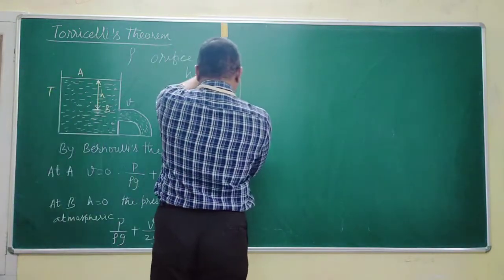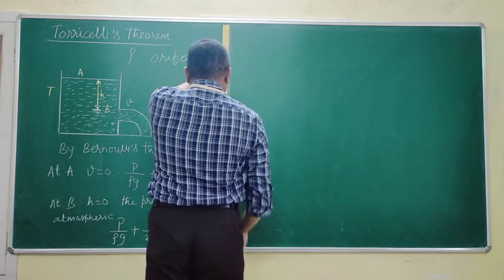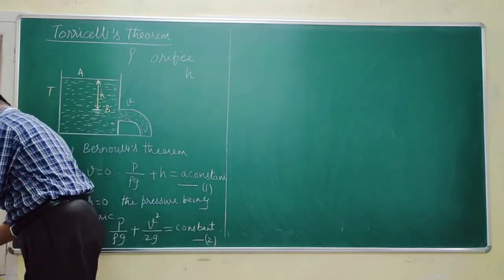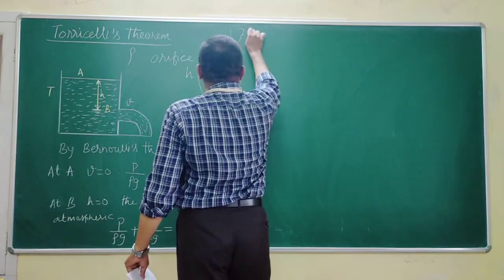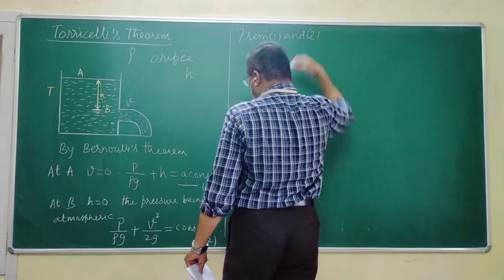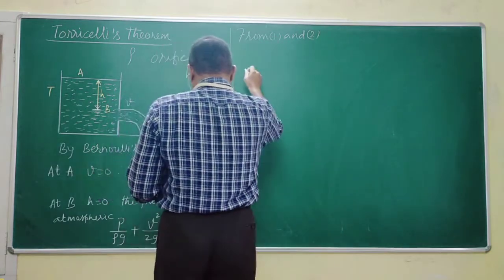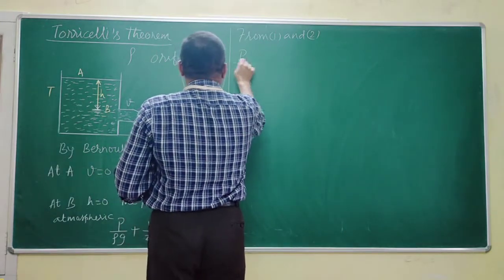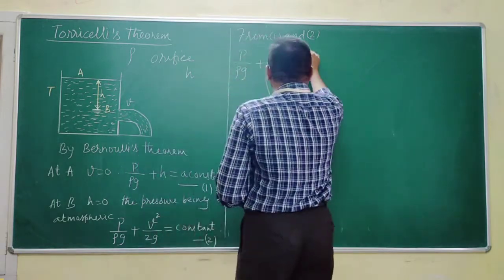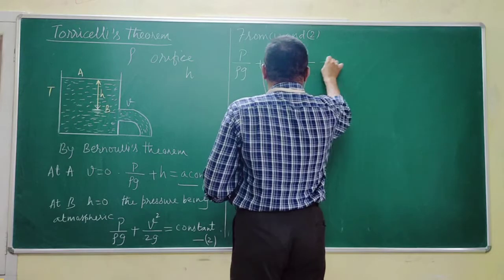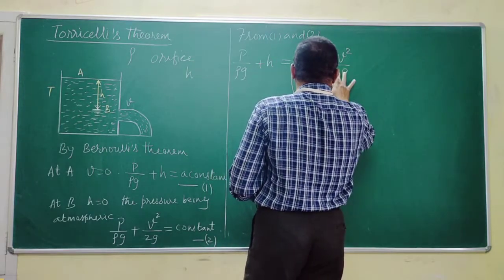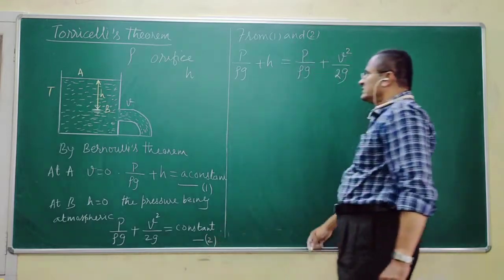Equate 1 and 2. From 1 and 2, P by rho g plus h is equal to P by rho g plus v squared by 2g. Okay?